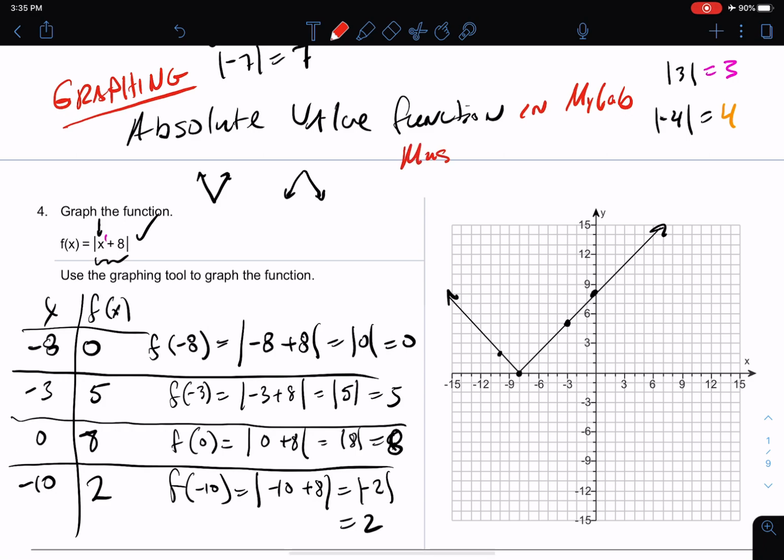You must graph the vertex first. And the vertex is this point right there. That would be your first point to graph.